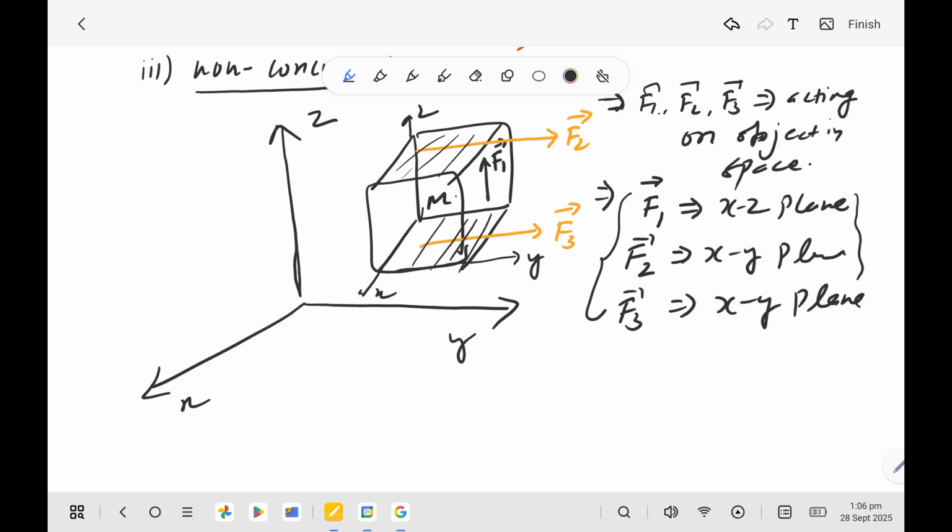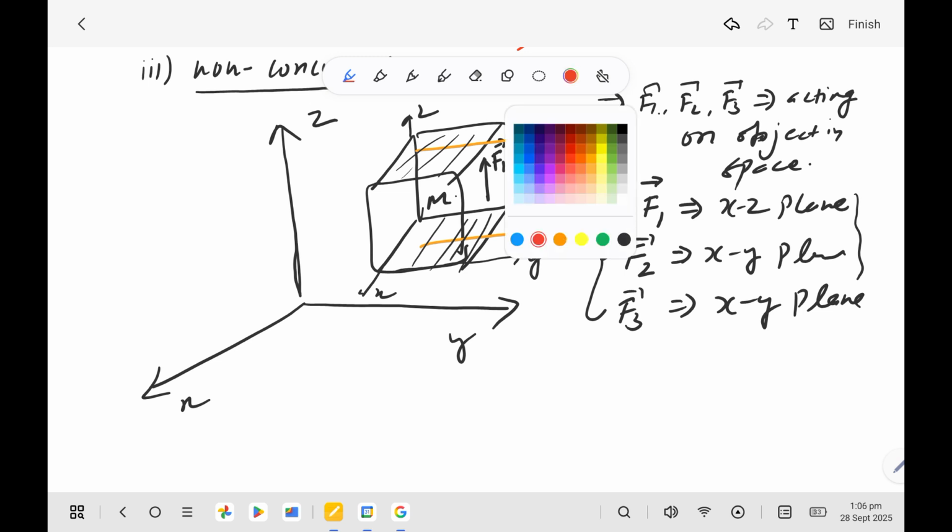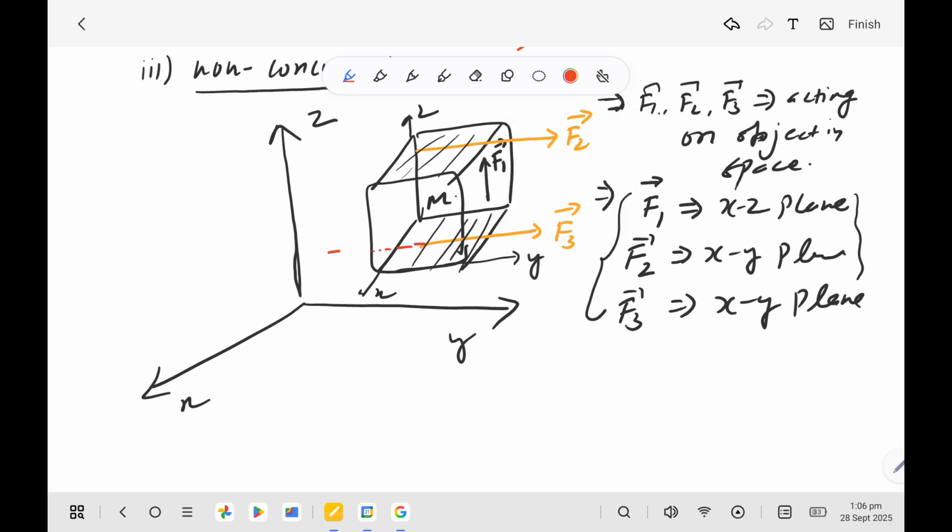Now if we draw the lines of action of these forces, the line of action of F3 is here, the line of action of F2 is here, and the line of action of F1 is here. Okay, it means one intersection of the lines of force is here, but this force does not have any intersection, or we can say if we extrapolate it, maybe here.